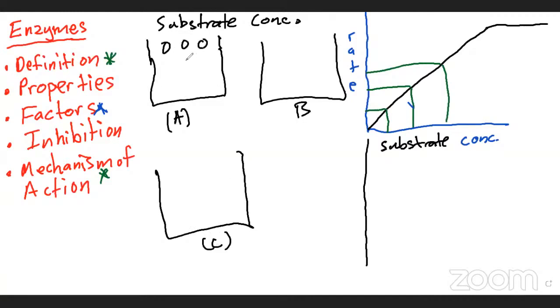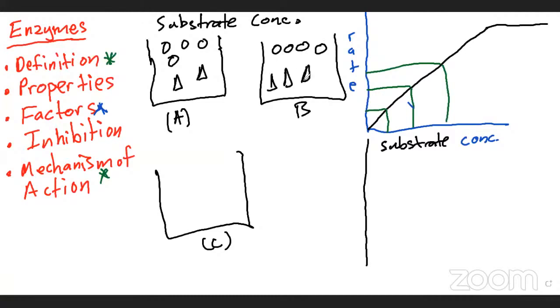All right, let us just say the circles are the substrate, and I'm just going to put some triangles for the enzyme. So remember, its substrate concentration must stay constant.